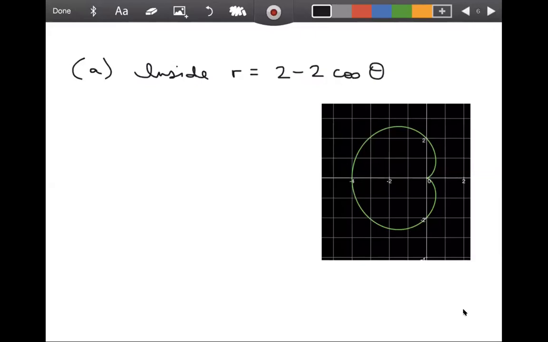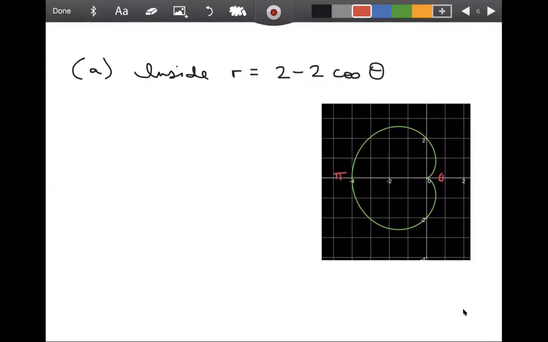All right, so what I've done here is I graphed this cardioid on my calculator, and then I've taken a screenshot of it, so we have a really nice picture of that. And notice that you can use symmetry with this one. All right, so here's what I'm going to do. This over here is theta equals 0, and this is theta equals pi.